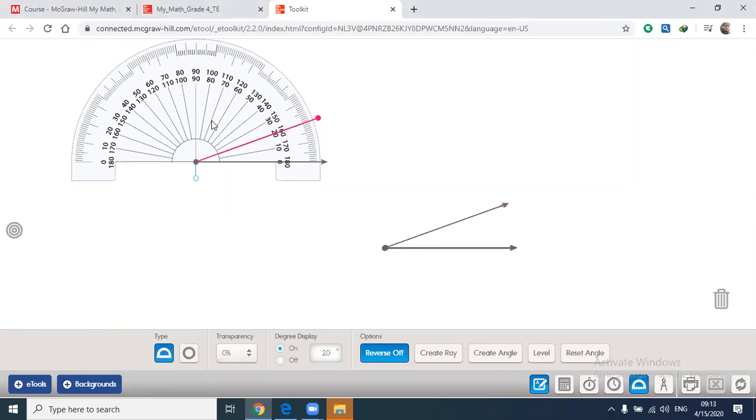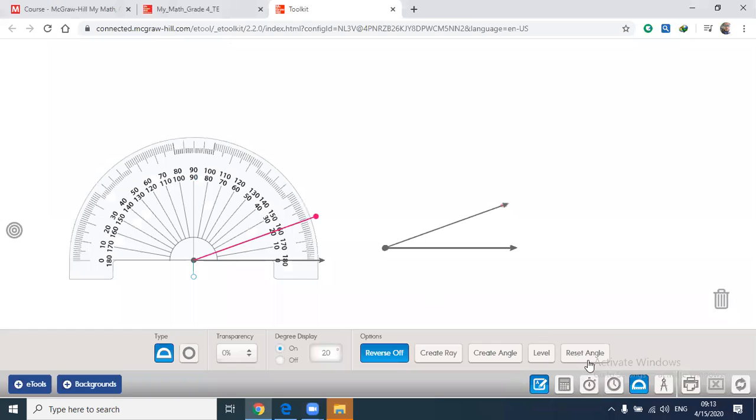At the beginning, I will use my protractor. Here I have a line, the first line with end point on the center of the protractor. Then I will count from here, Muhammad, until 45.